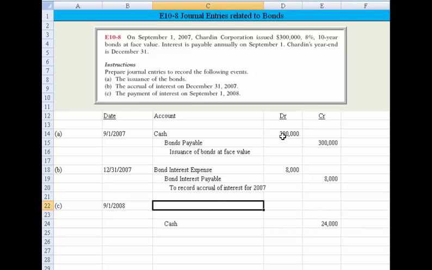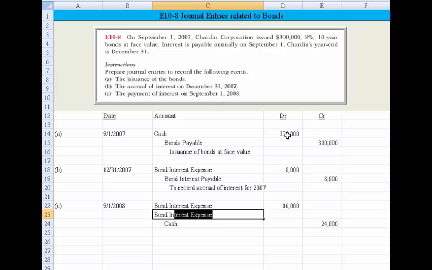Okay, but we've already recorded 4 months of bond interest expense. So now we could either force this number, right? We could take the 24,000 less the 8,000, or we could compute it, and I'll choose to compute it. 300,000 times 8%. We've already recorded 4 months, so that means we've got another 8/12, right? 8 out of 12 months left to record. And once we know that, this should all work out.